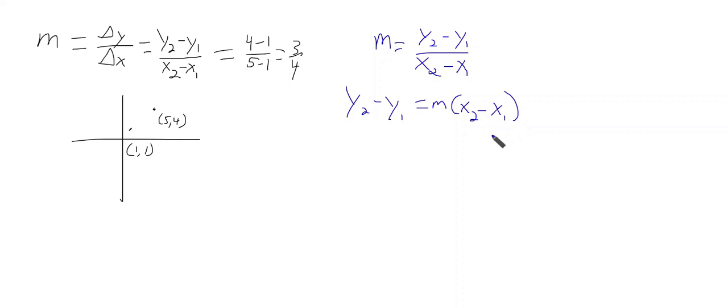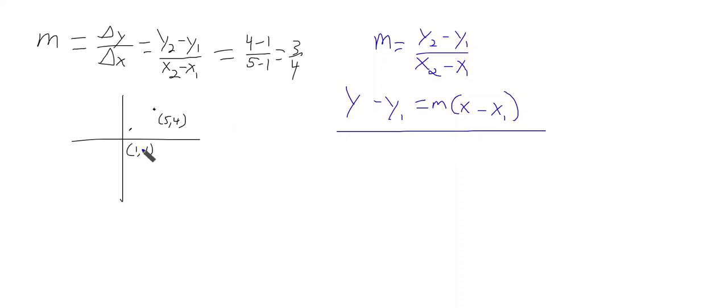Now let's say that y1 and x1 are a given point on the graph, but y2 and x2 can be any point along the line. In which case, let's delete these and leave them as variables rather than specific points. This is point-slope form of an equation.